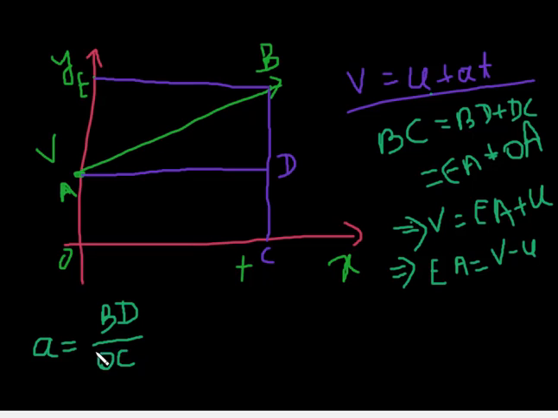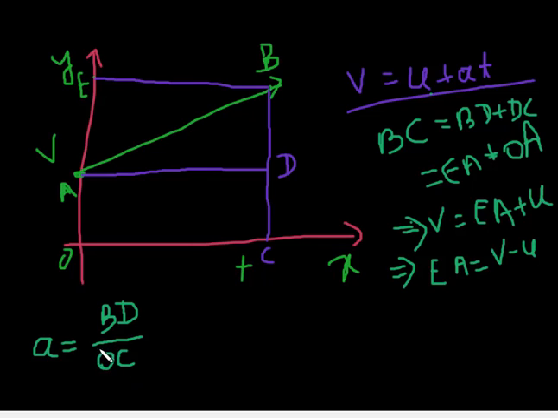Here I have directly taken OC as time because in this triangle, BD is the change in velocity, AD is the change in time. Here AD and OC both are equal.